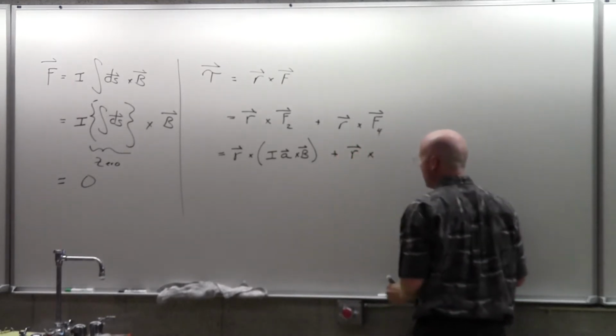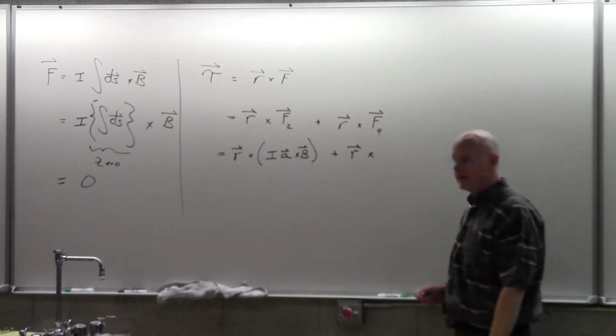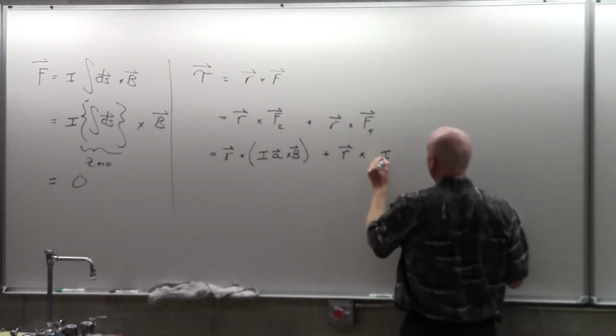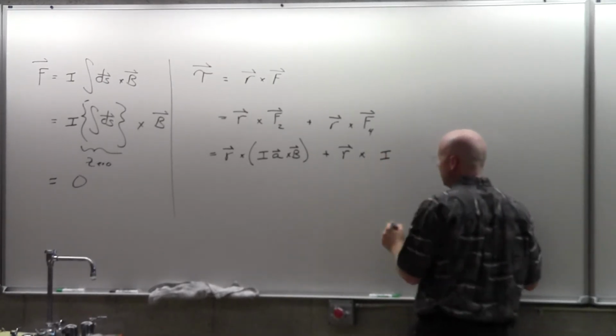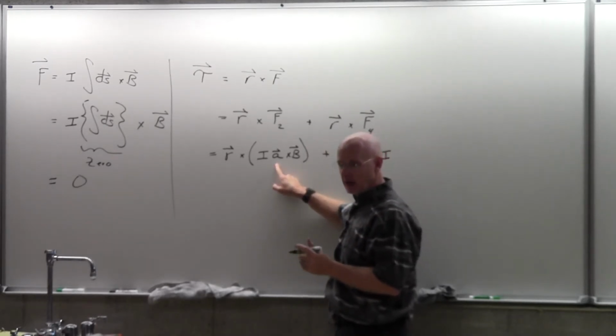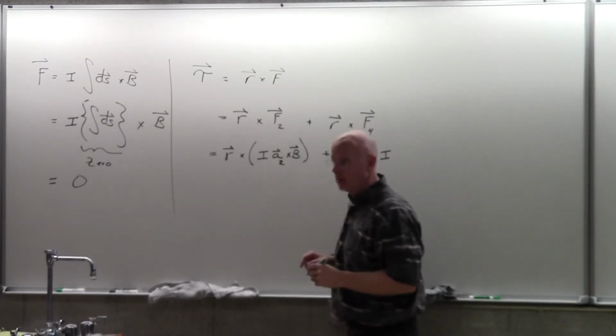R cross, and how do I get the force on number 4? Yeah, and maybe I need to be more careful with my notation. What do I mean here by A? I guess I really mean wire number 2, don't I?